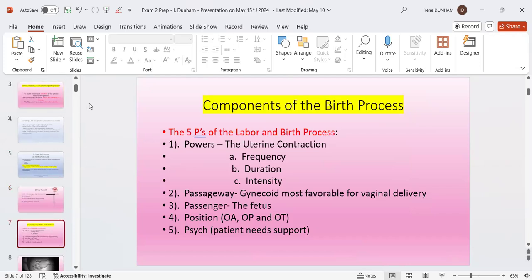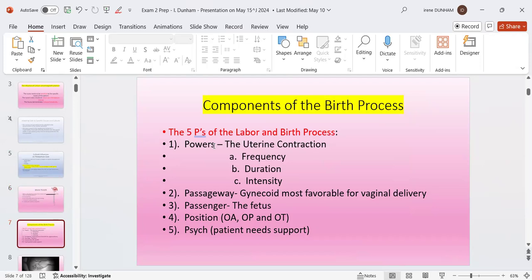All right, so let's talk about the birth process. We have the 5 P's. I know your book says 4 P's, but L&D nurses put the 5 in there because number 4 is pole position, so we stick that in. The powers are the uterine contraction. The uterus has on the very top the fundus.